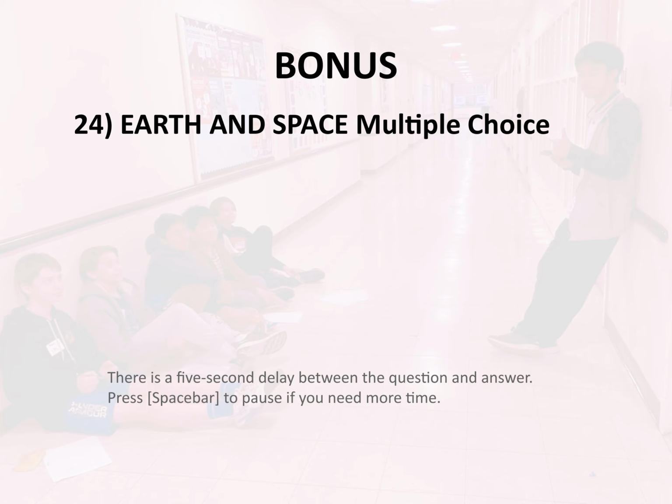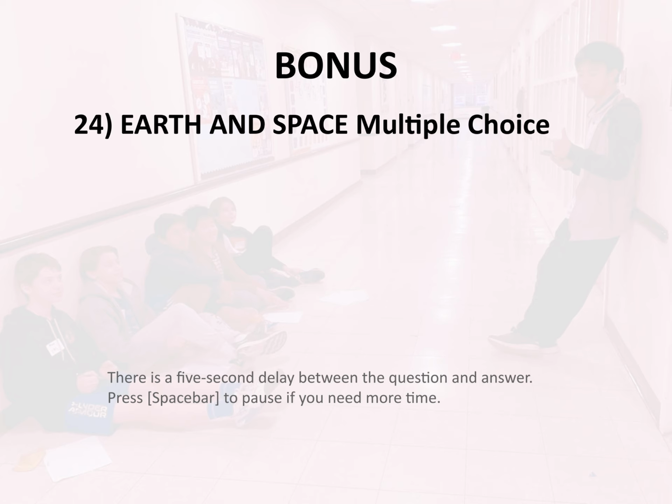Bonus: 24. Earth and space. Multiple choice. How is the ratio of oxygen 18 to oxygen 16 useful in serving as a proxy for paleoclimatic temperatures in ice core samples? W. Oxygen 16 is preferentially stored in ice and only released during warmer periods. X. Oxygen 16 changes into oxygen 18 at higher temperatures.